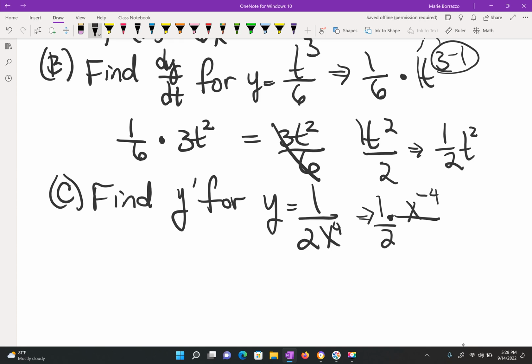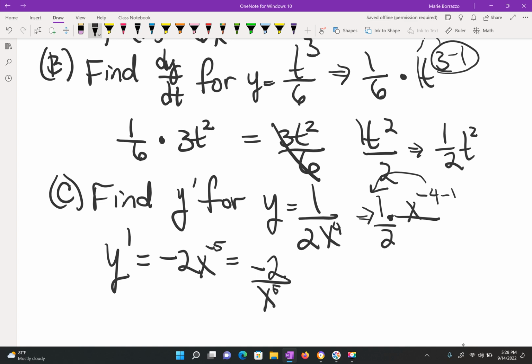I'm multiplying negative 4 times 1/2, and I'm also going to take away 1. So I'm going to end up with y prime is equal to negative 2 x to the negative 5th, which I'm going to re-express as negative 2 over x to the positive 5.